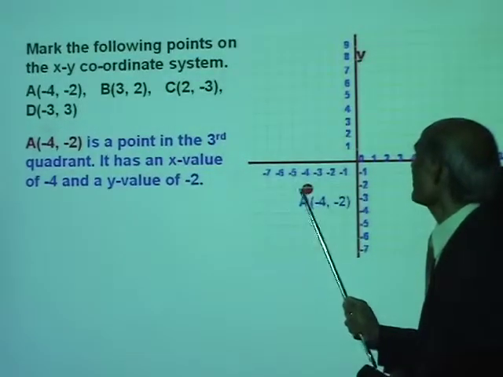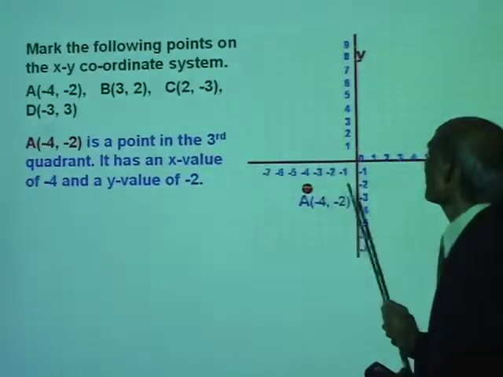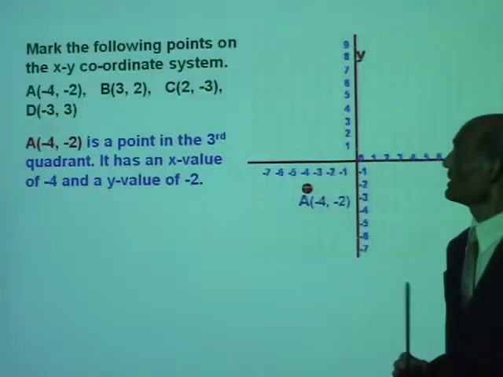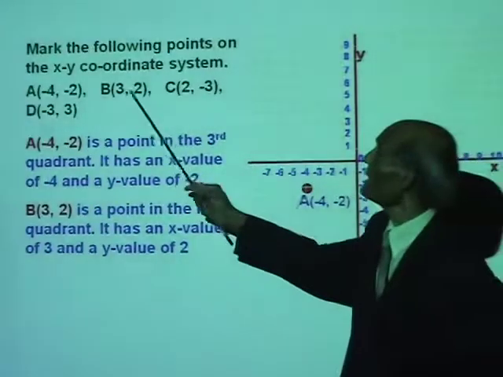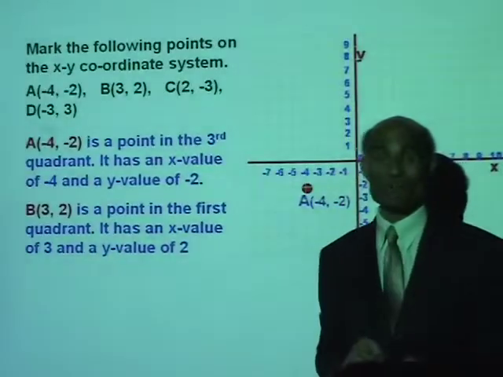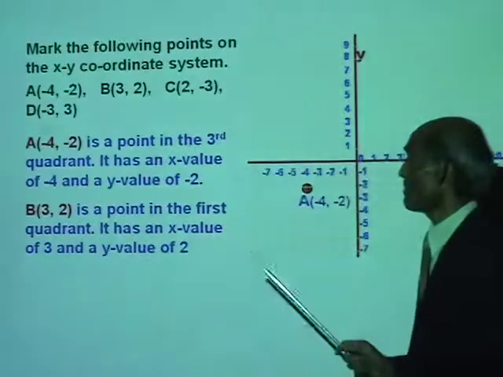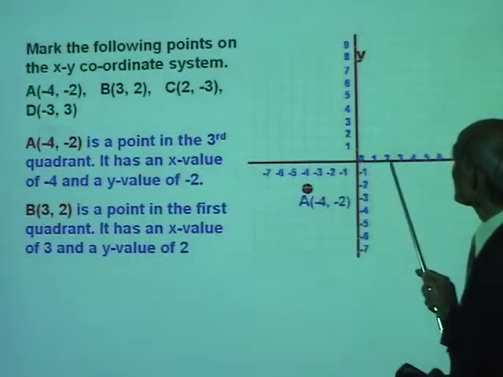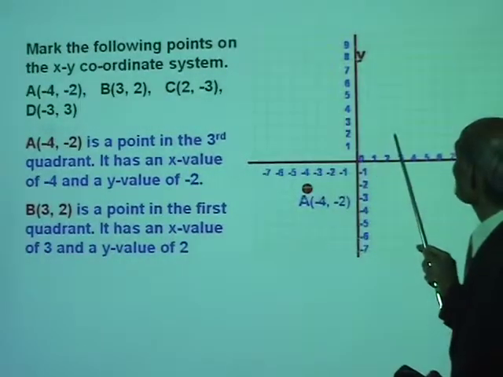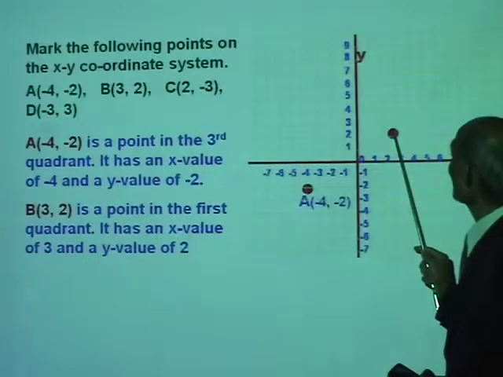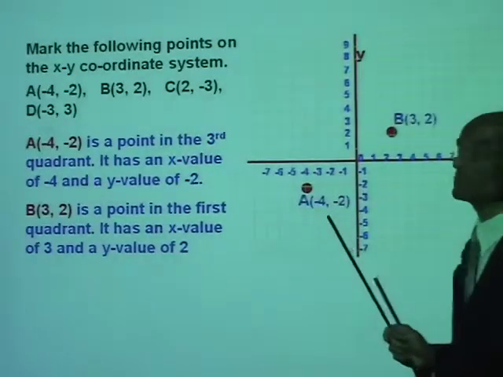That is the point A, negative 4, negative 2. Alright, let's go to the next one. B, 3, 2. Where is that point? X is positive, Y also is positive. X equal to 3, Y equal to 2. There is the point. B, 3, 2.